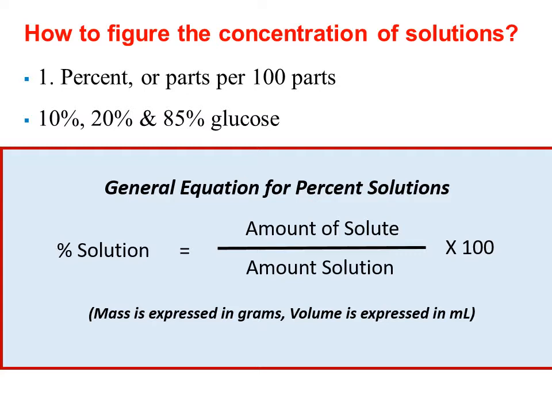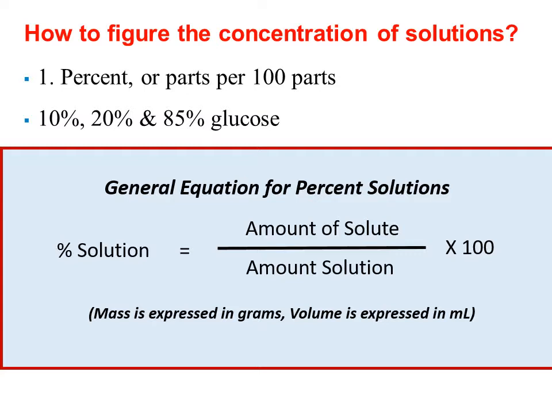In this image, I have an example of how to calculate a 10% solution of glucose, a 20% solution, and an 85% solution. In a 10% solution, you would just measure 10 grams of glucose and put it in a graduated cylinder.